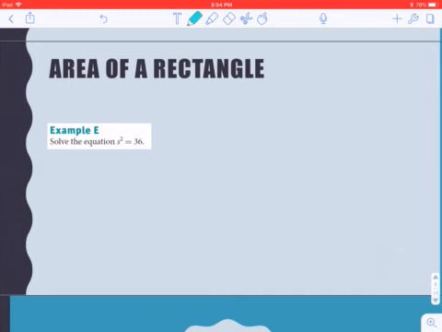And example E, solve the equation s squared equals 36. We kind of just did that, but in order to undo a square, we can square root both sides. The square root of 36 is 6, so s equals 6.